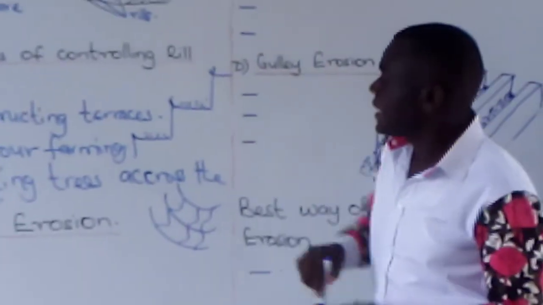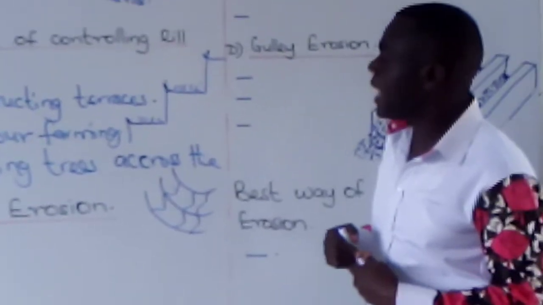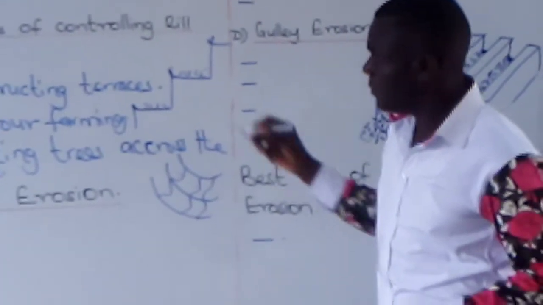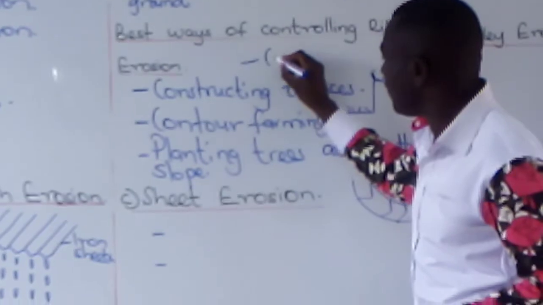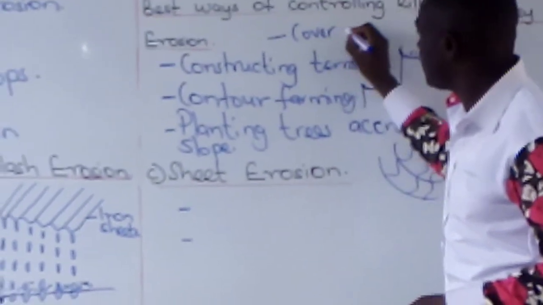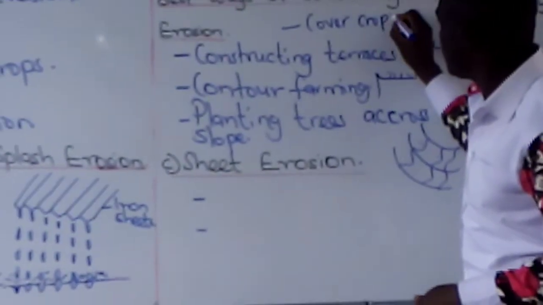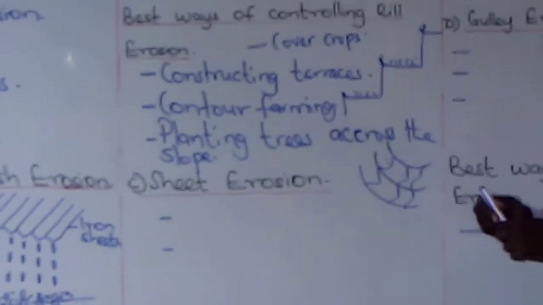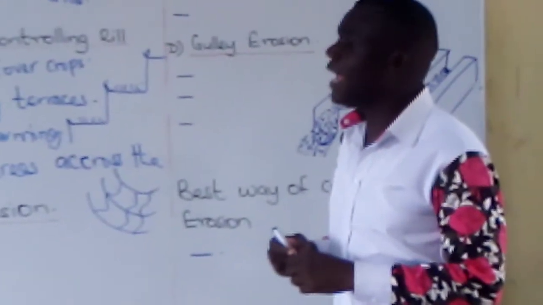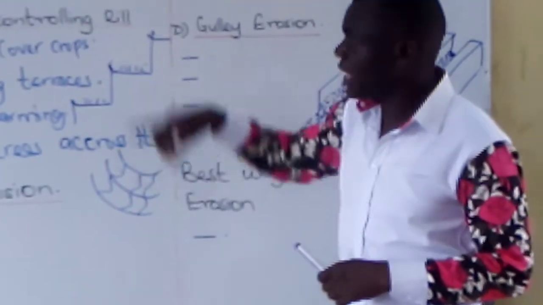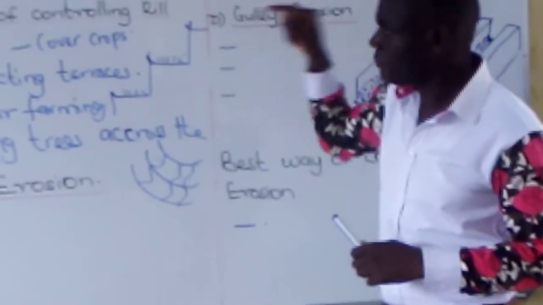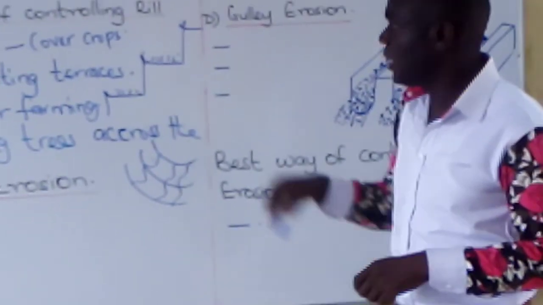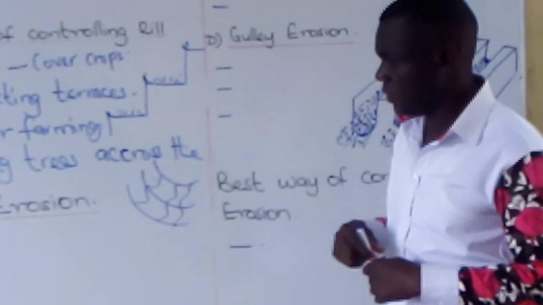Rills can also be controlled by planting cover crops. That's another method, cover crops. And avoiding cultivating up and down the hill or the slope. That's another method of controlling rill erosion.